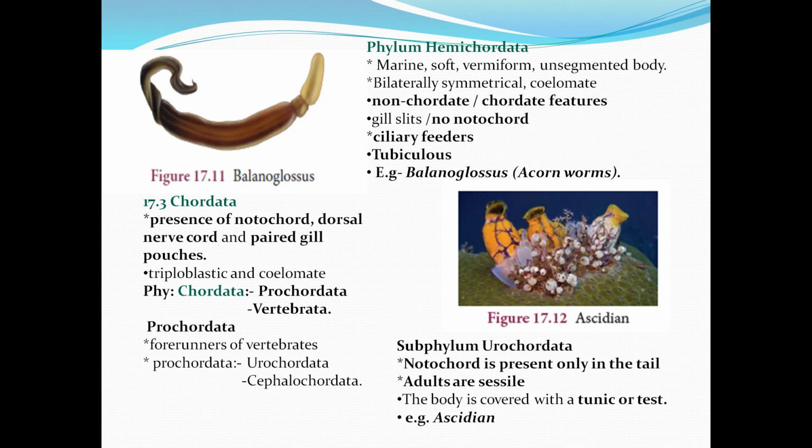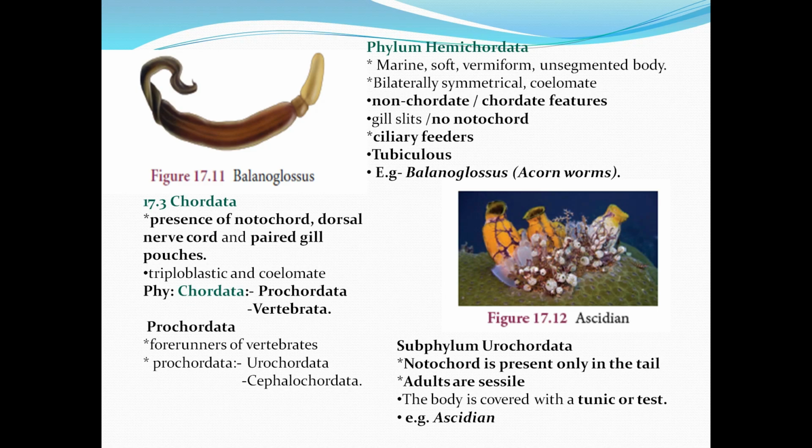Next we have Chordata. Chordata is characterized by presence of three important features. They are presence of notochord, dorsal nerve cord, and pharyngeal gill pouches. What is this notochord?